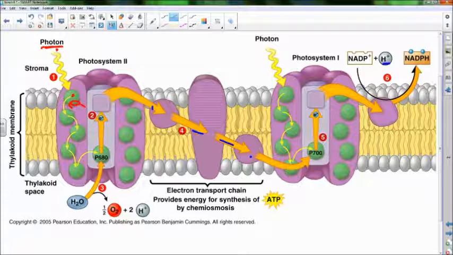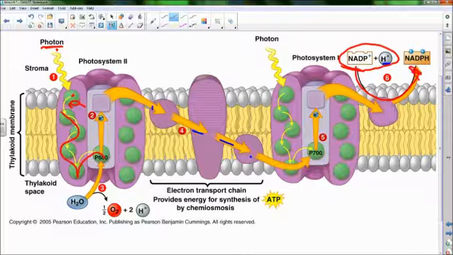Electrons are going to jump from molecule to molecule. As they do that, through this electron transport chain here, those are going to make that NADPH. So over here in this part of the diagram we see the NADPH that's being made from those electrons in the electron transport chain.